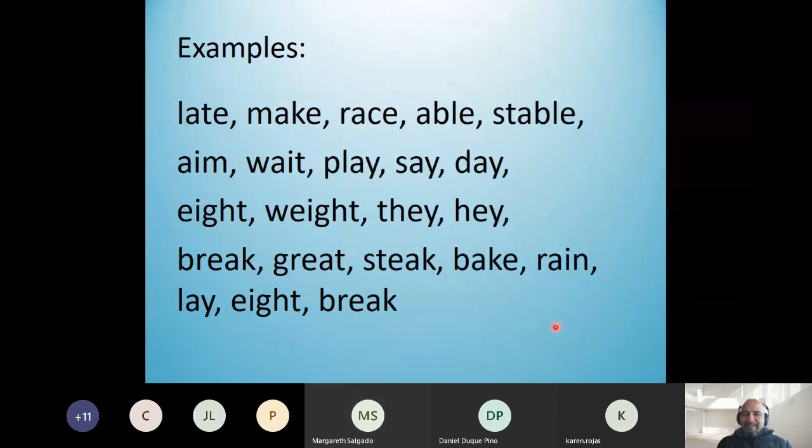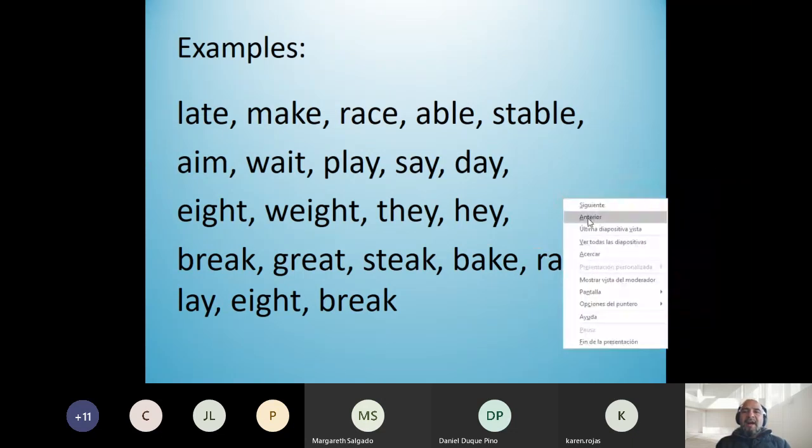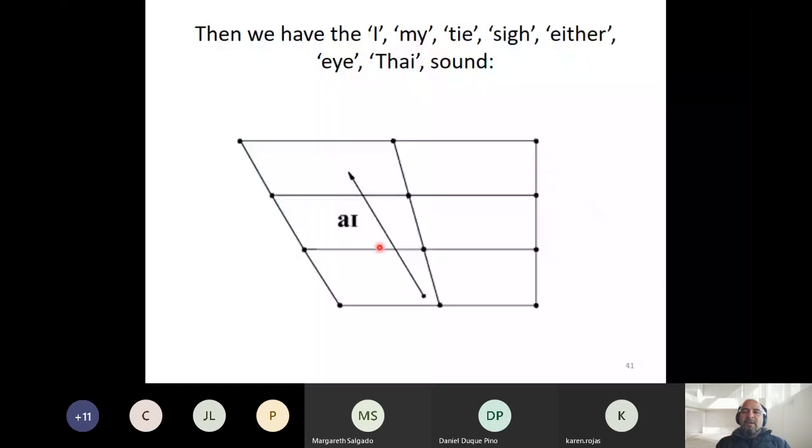Next slide. We have the diphthong ai, as when you say I, the pronoun I, my, the possessive adjective, tie, sigh, either. Careful with this one. It could be "eye-ther" or "ee-ther", depending on the accent or the dialect in this case.